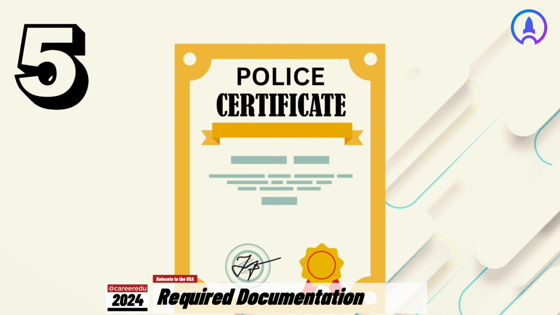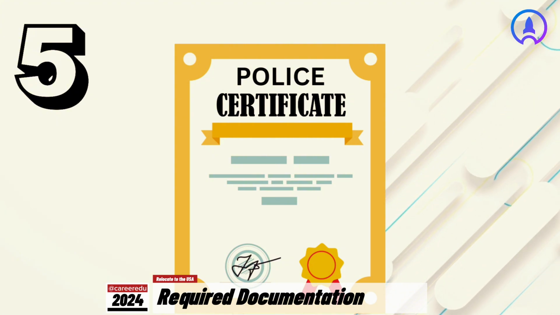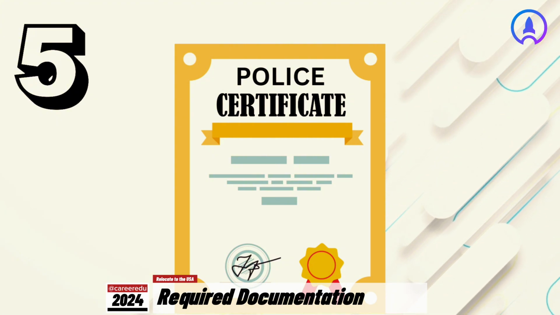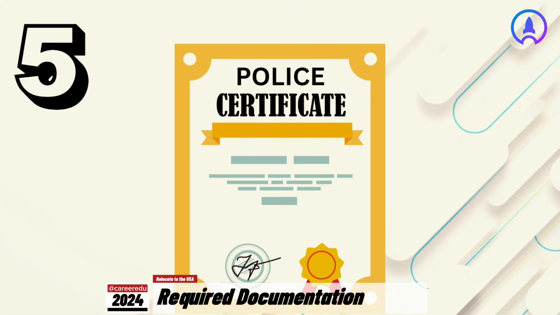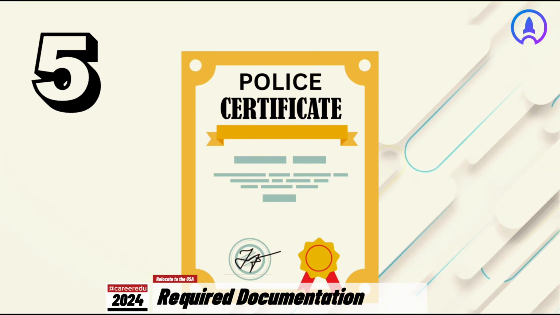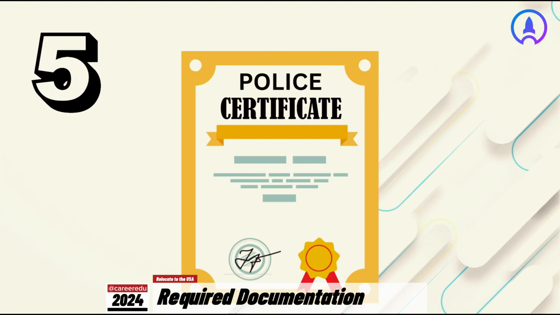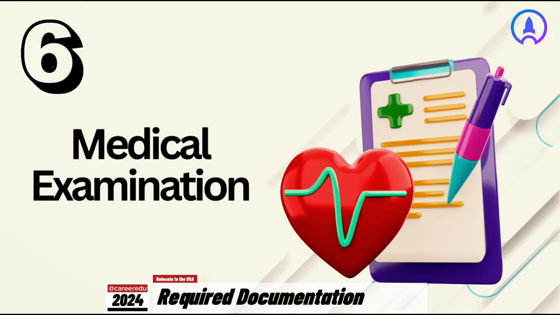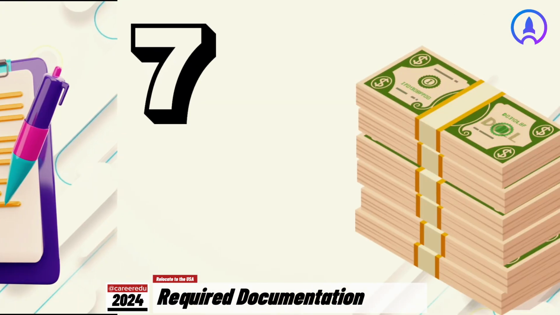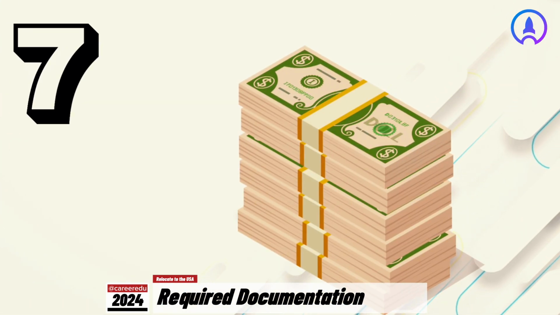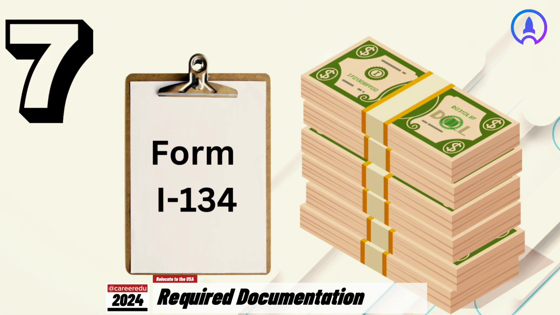Police certificates from your present country of residence and all countries where you have lived for 6 months or more since age 16. Police certificates are also required for accompanying children age 16 or older. 6. Medical examination. 7. Evidence of financial support, Form I-134, affidavit of support may be requested.